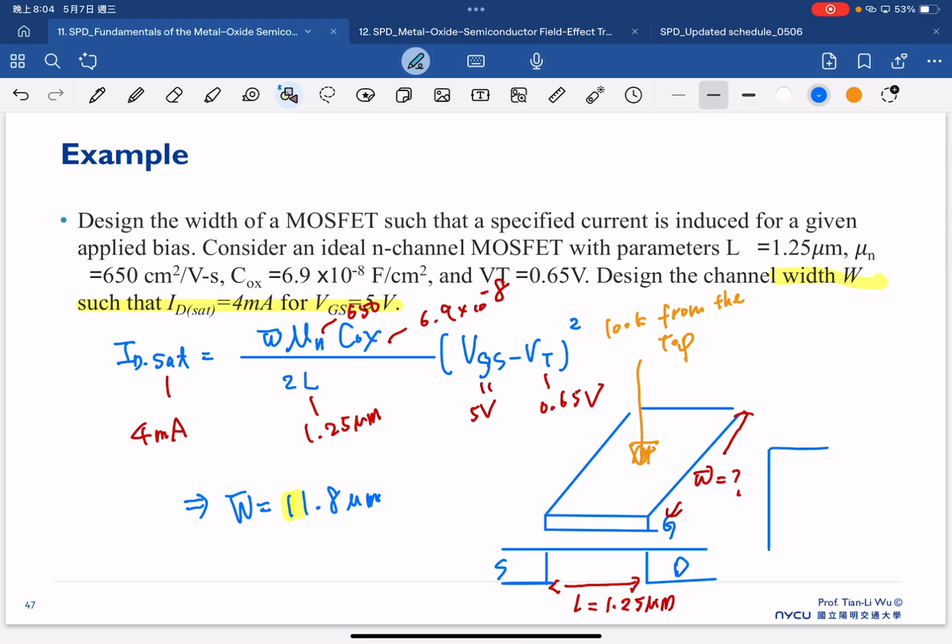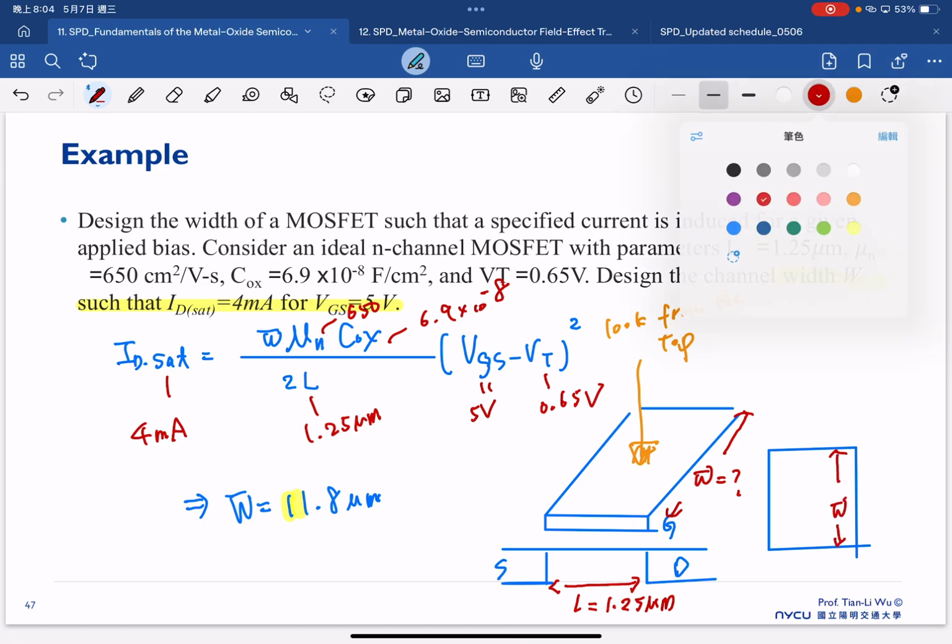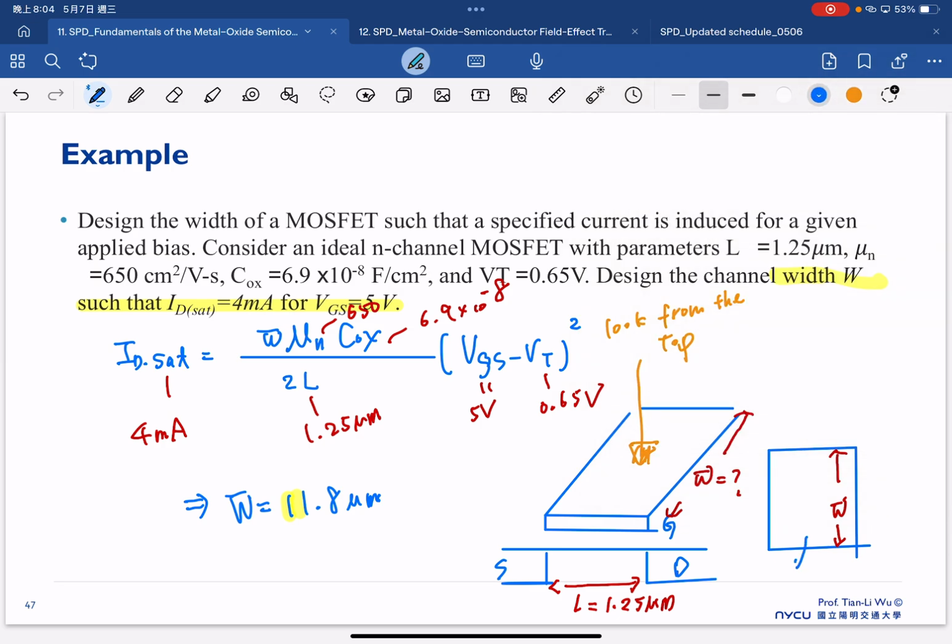It's a kind of square like this one, and this is our width, and this is our gate pad. And for sure, beside the gate, we have the source and drain.